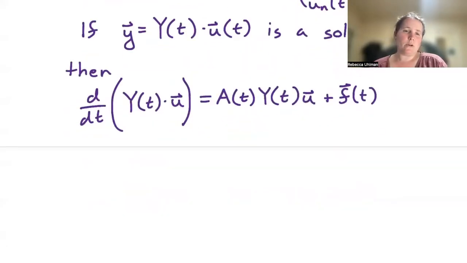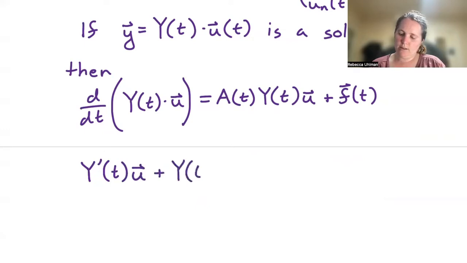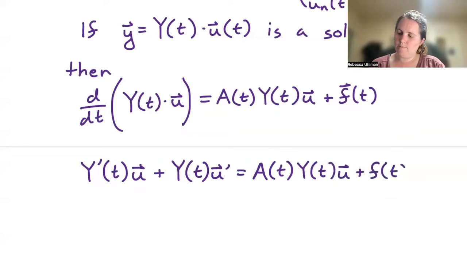So we can do a product rule with matrices times vectors as well. So the left-hand side just becomes Y prime of t times u plus Y of t times u prime, again where Y of t is that fundamental matrix. And on the right-hand side, we have A of t times Y of t, u plus f of t.